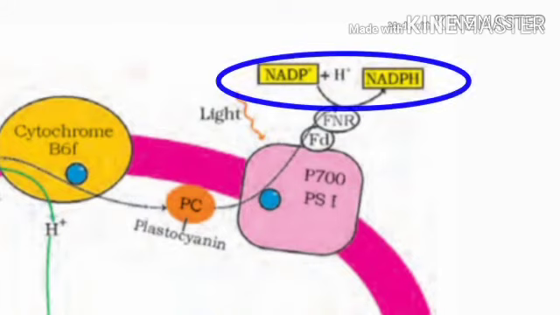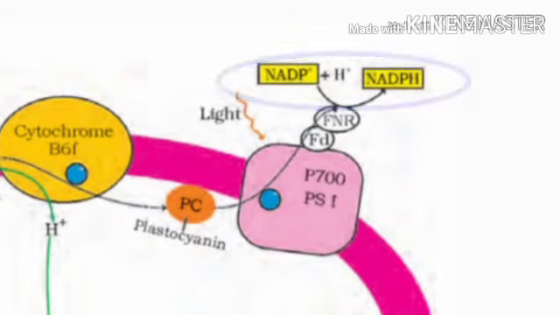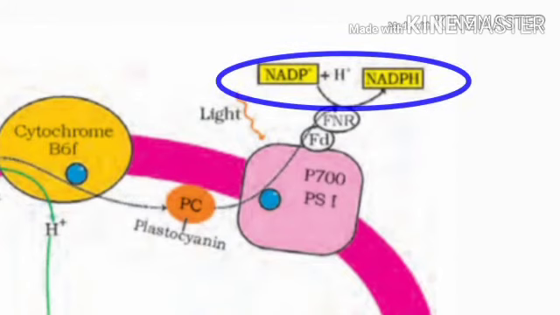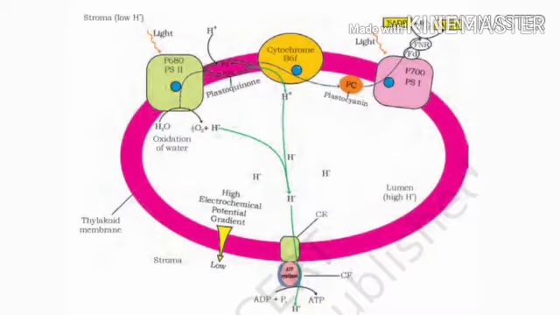That causes a decrease of hydrogen ion concentration in the stroma, and compared to the stroma, inside the membrane the hydrogen ion concentration will increase. By these three processes, the hydrogen ion concentration inside the thylakoid membrane is increased when compared to the stroma by the process of photophosphorylation.